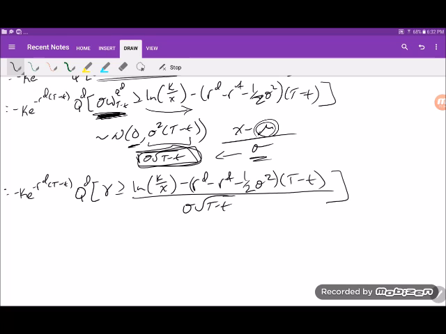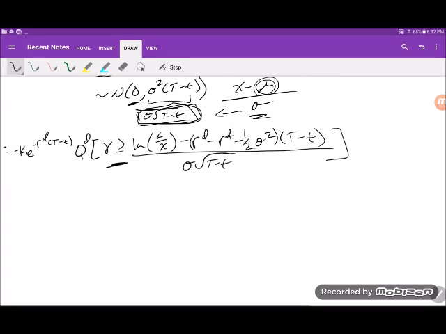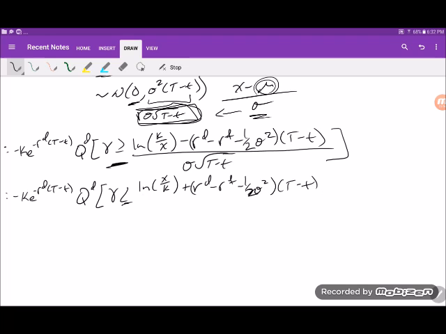Alright, and now I prefer to get this less than, so I'll have gamma is less than, and then it'll just become ln of X over K plus (r_d minus r_f minus 1/2 sigma squared)(T minus t) over sigma root (T minus t).